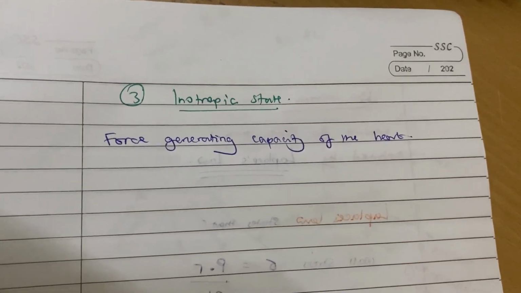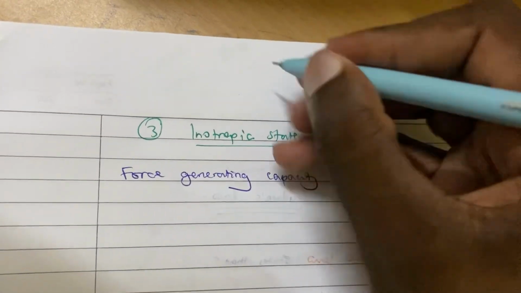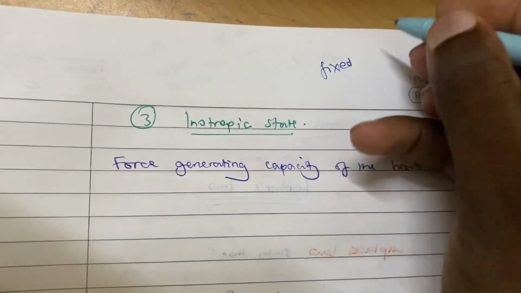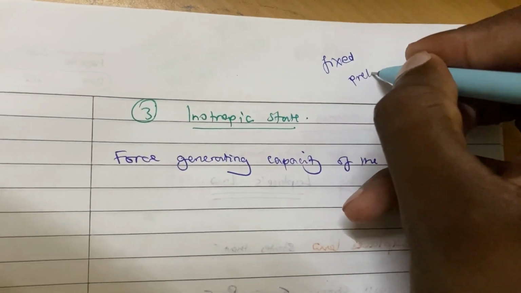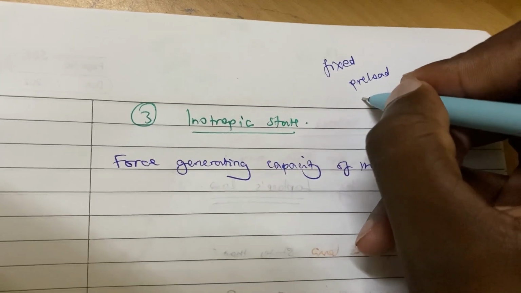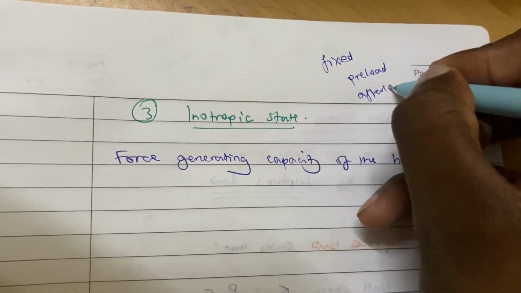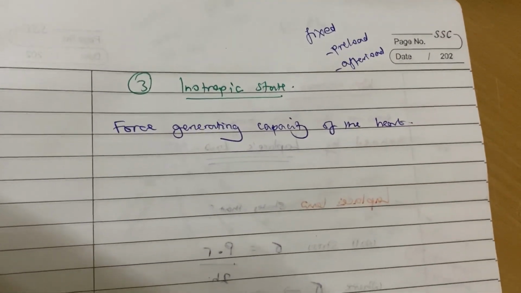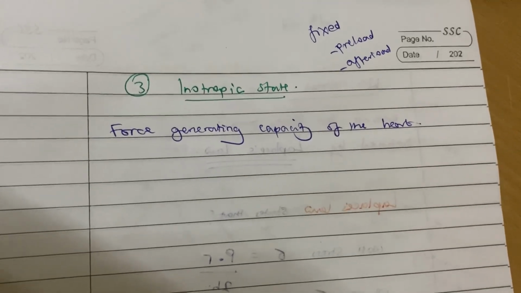So if you increase it at fixed preload or afterload, force of contraction increases, or even stroke volume increases.